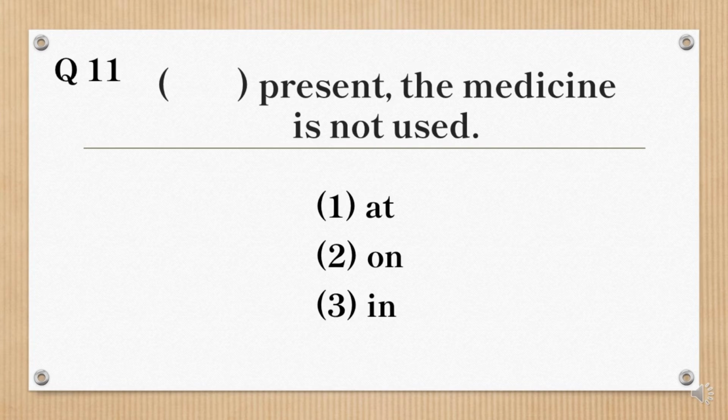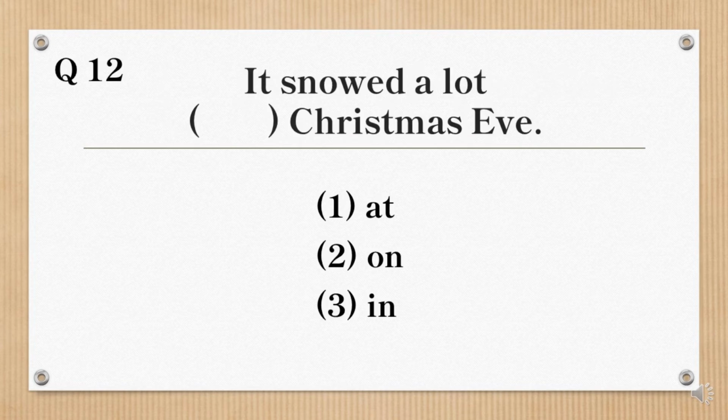Question 11. Present. The medicine is not used. At. At present, the medicine is not used. Present is regarded as a shorter period, so we use at. Be careful: we do not use a definite article here. Question 12. It snowed a lot Christmas Eve. On.